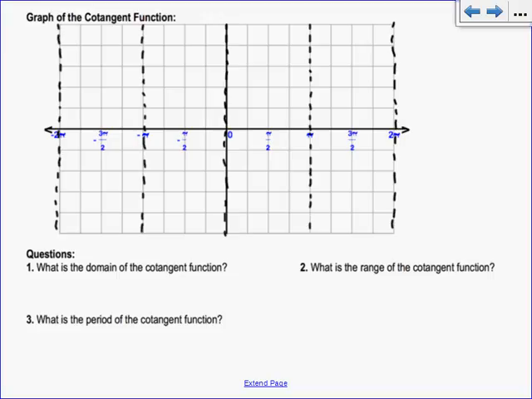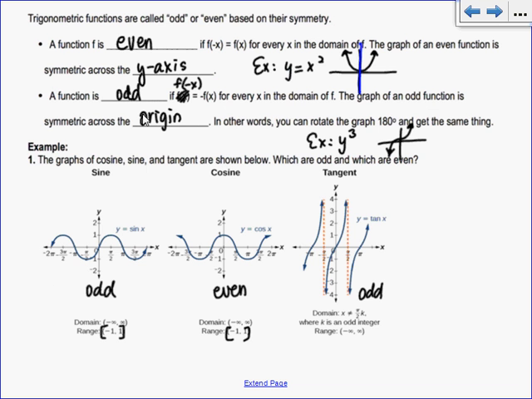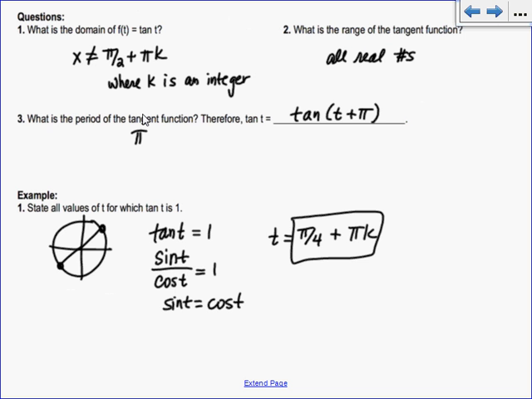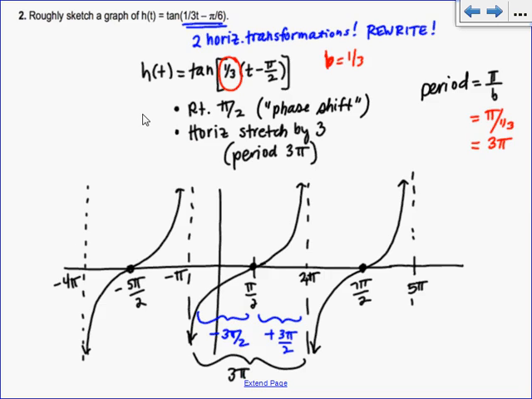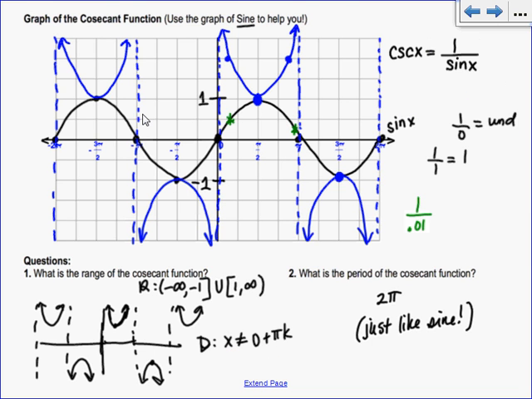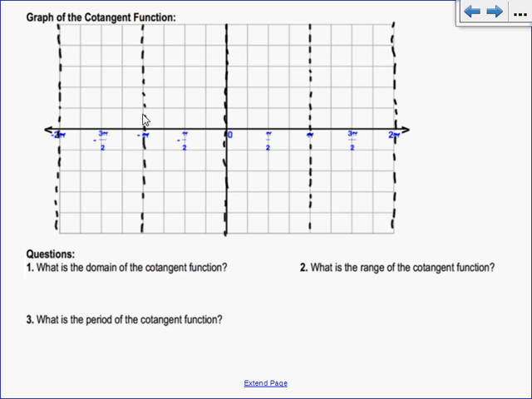It was an odd function. If I look back to tangent, you can see its starting point was right here. The starting point for cotangent is not there, because it has to be a vertical asymptote, because the reciprocal of 0 is undefined, right? It actually starts at pi over 2.